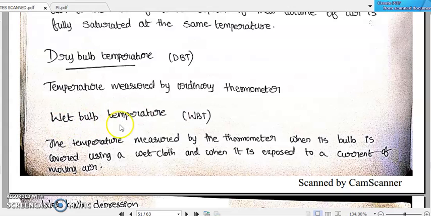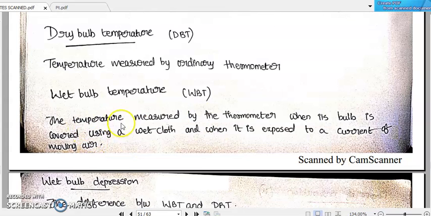Then another term is wet bulb temperature or WBT. The dry bulb temperature is represented as DBT, but wet bulb temperature is represented as WBT. It is the temperature measured by the thermometer when its bulb is covered using a wet cloth and when it is exposed to a current of moving air.